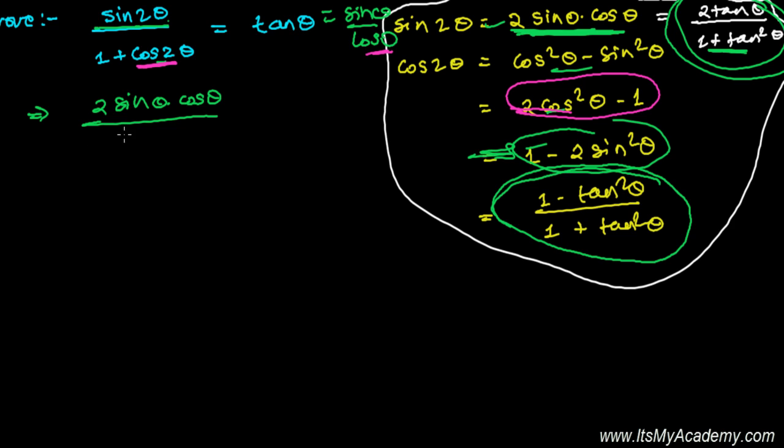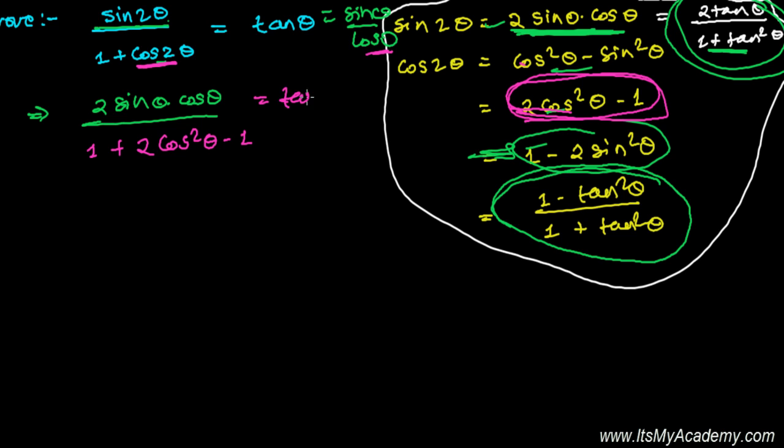So the same thing I'm going to use here. It's 1 plus cosine of 2 theta. I'm going to use 2 cos square theta minus 1. I can use any of these formulas, that's not the problem, but to shorten the steps, I'm using this one. So it's 2 cos square theta minus 1.